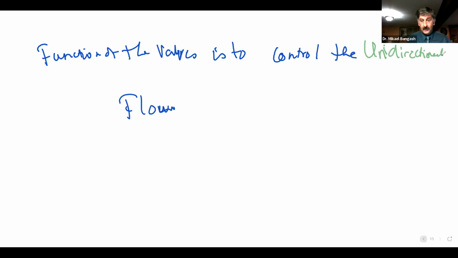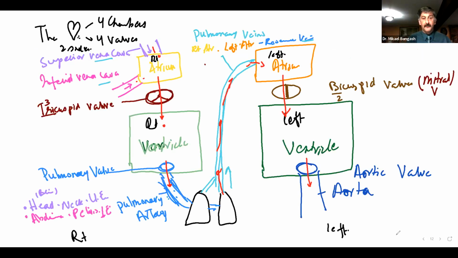And if you see what I've been talking about so far, blood flows from the right atrium to the right ventricle, from the right ventricle to the pulmonary artery, from there to the left atrium, from the left atrium into the left ventricle, and from the left ventricle into the aorta.